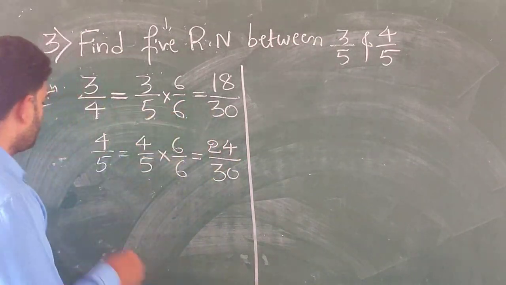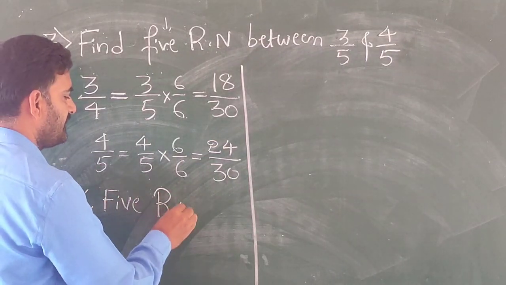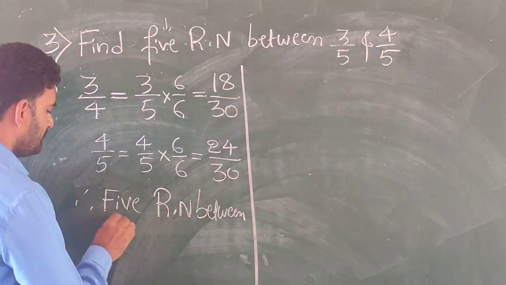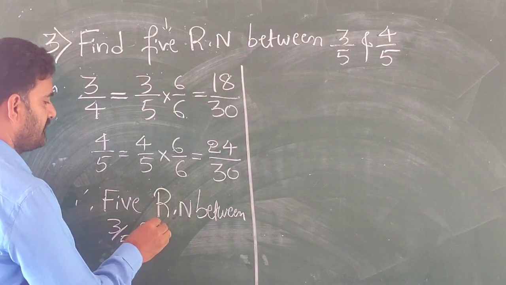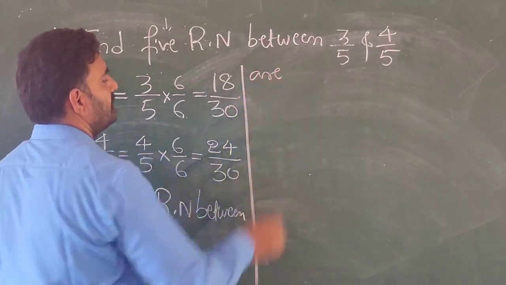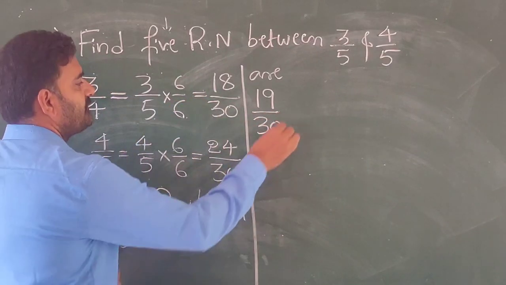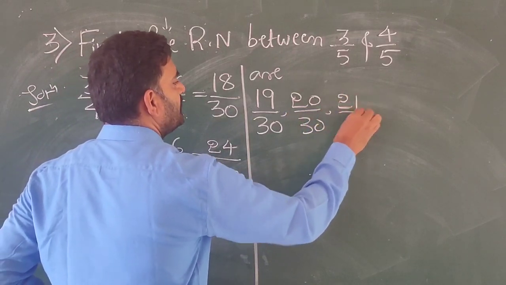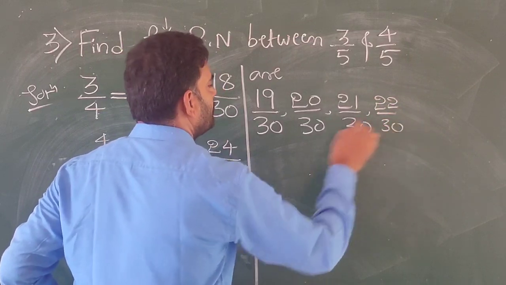Very simple. So therefore, 5 rational numbers between 3 by 5 and 4 by 5 are: 19 by 30, 20 by 30, 21 by 30, 22 by 30, 1, 2, 3, 4.